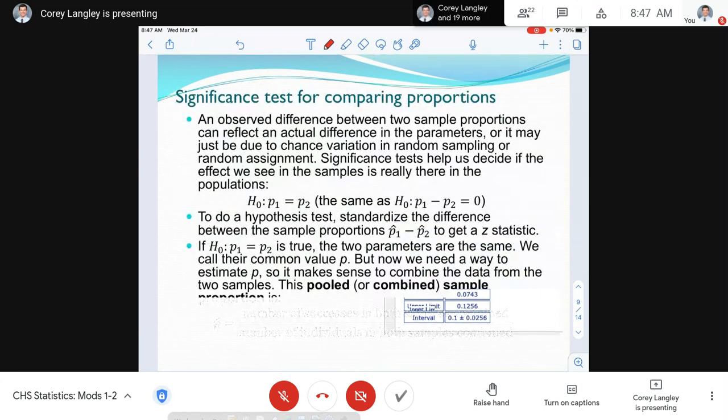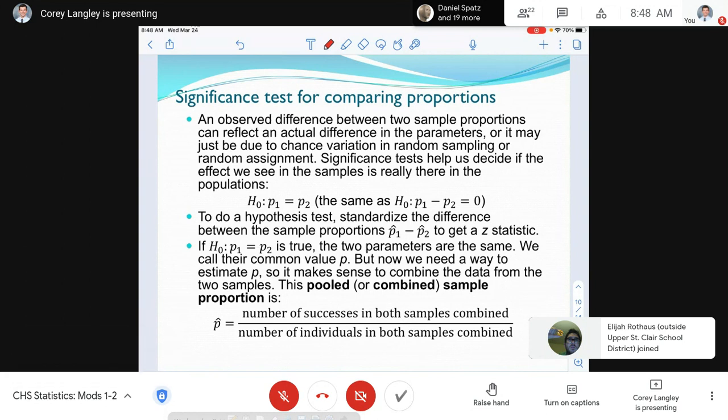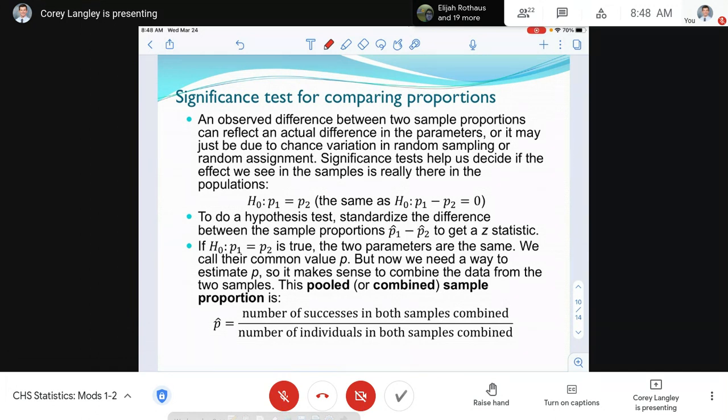Now for the hypothesis test, think back to what we did for the difference of two means. Rather than have a null value, our null hypothesis was saying that the two proportions were equal. They're the same. I guess for means, it was that the means were the same.